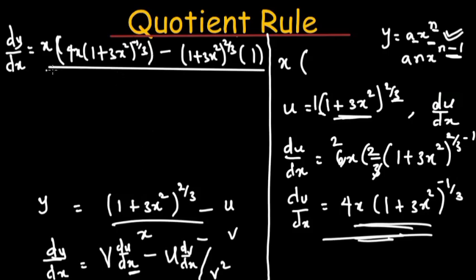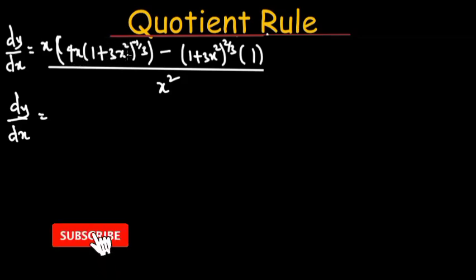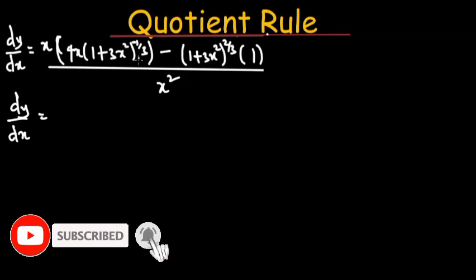So all over v squared, right? Which is x squared. So all we have to do now is simplify this equation. We have dy/dx equal to, take note of something, you cannot multiply 4x by (1 plus 3x squared) to the power minus 1 over 3 because it has a power.